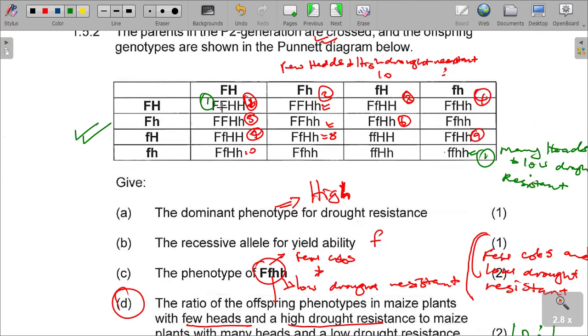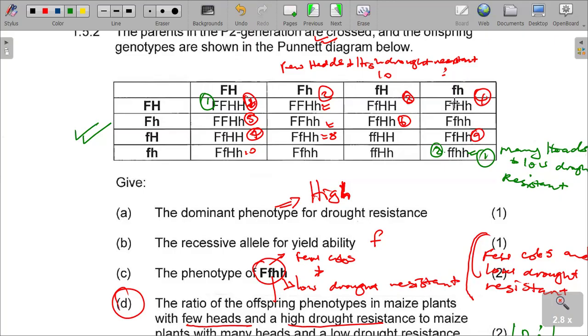We have got one here. This is not homozygous. Homozygous for both characteristics is one. I'm checking. We have got two here. It is homozygous recessive for both characteristics. Two here.